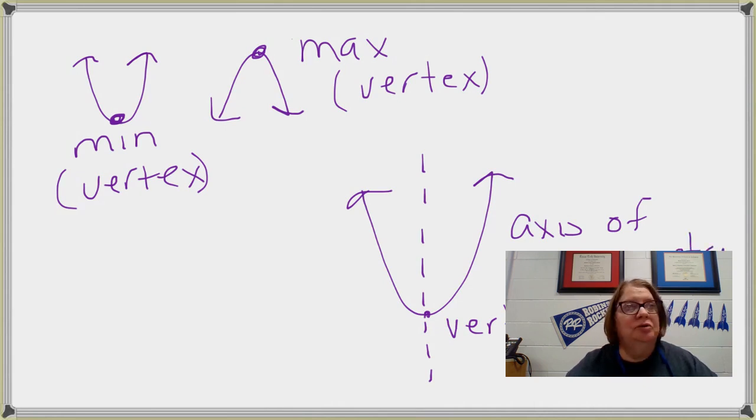It always goes through the vertex, specifically the x coordinate of the vertex. A parabola will have a minimum or a maximum, but not both. We can also find x-intercepts and y-intercepts, which way it opens, all of those things. All right, let's go.